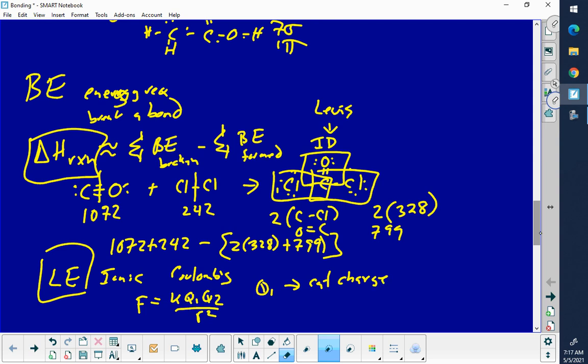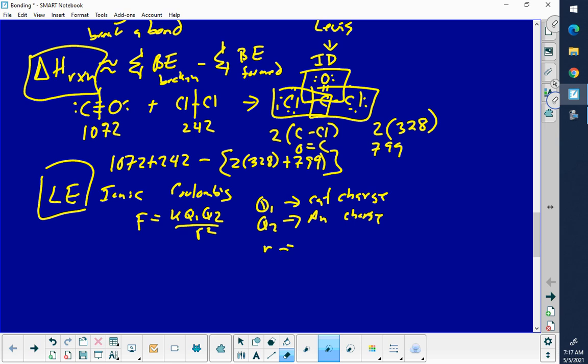The positive and negative we don't care about. Q2 would be my anion charge. And then R is really my cation atomic radius and my anion atomic radius.